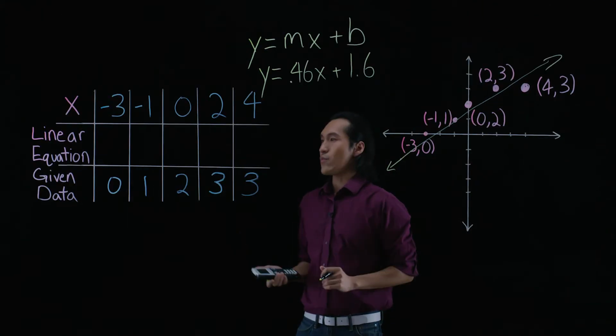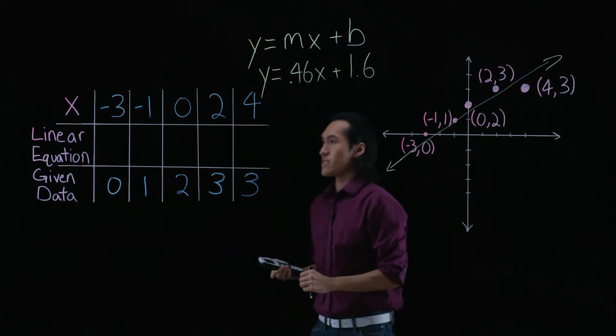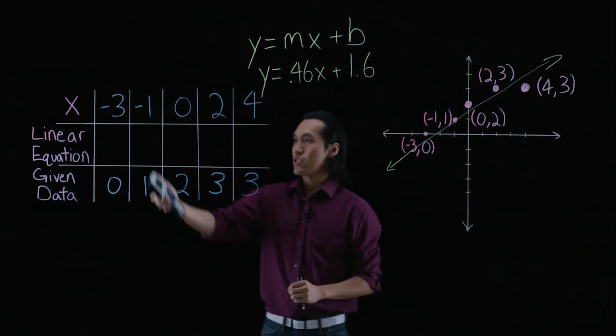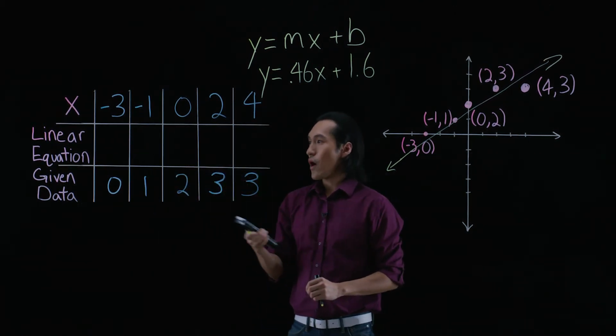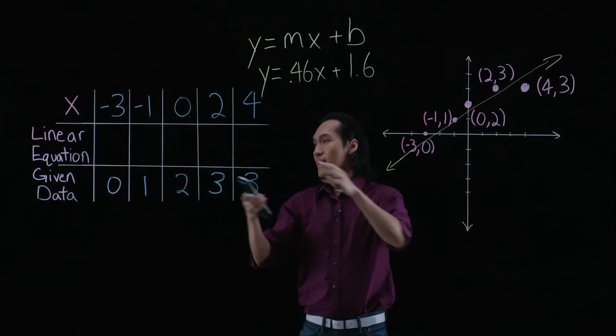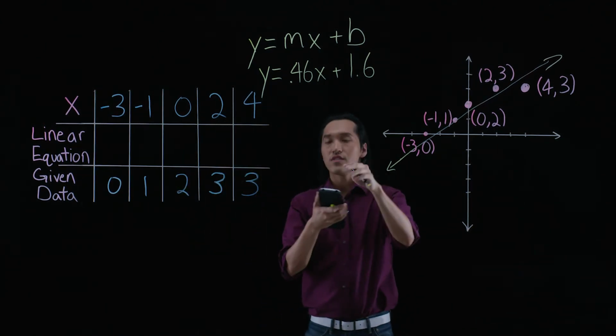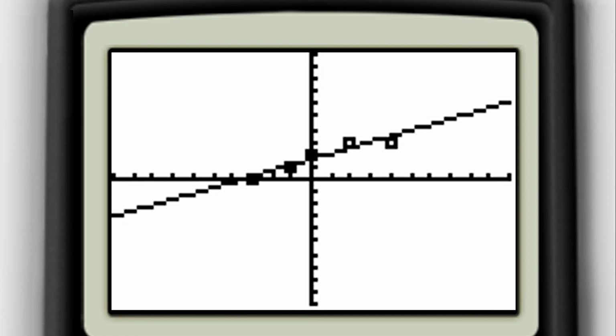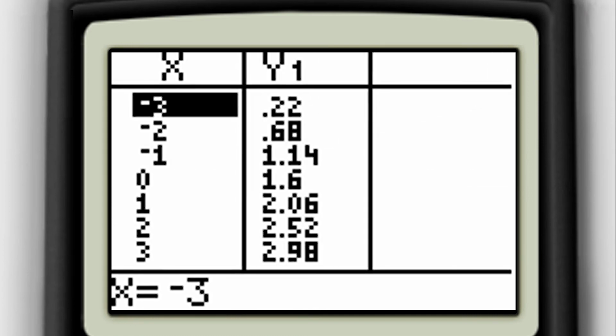So let's look at this table over here. I've already filled in this table with the given data based on the x values. How do we find the actual values that the linear equation gives us? Well, we can go to our graphing utility and go to second table. From there, we can see that for -3, the value is 0.22.